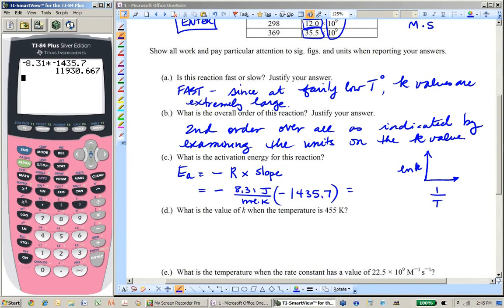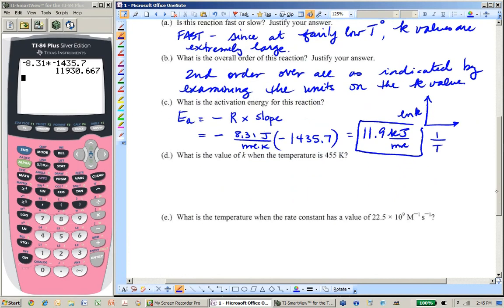Let's put it in kilojoules. That's going to be easier on us. So I go 1, 2, 3 and say 11.9 kilojoules. That's not pretty. Kilojoules per mole. Did I do that right? I believe so. Yep, 11.9 kilojoules per mole. We're good to go. All right, so now let the calculating on the graph begin.